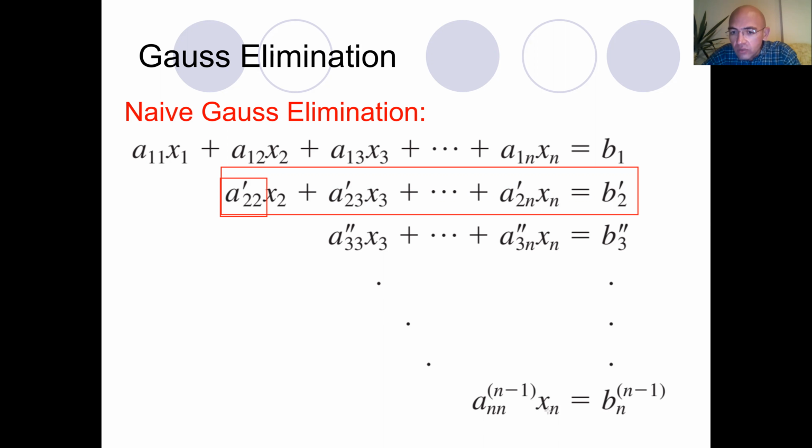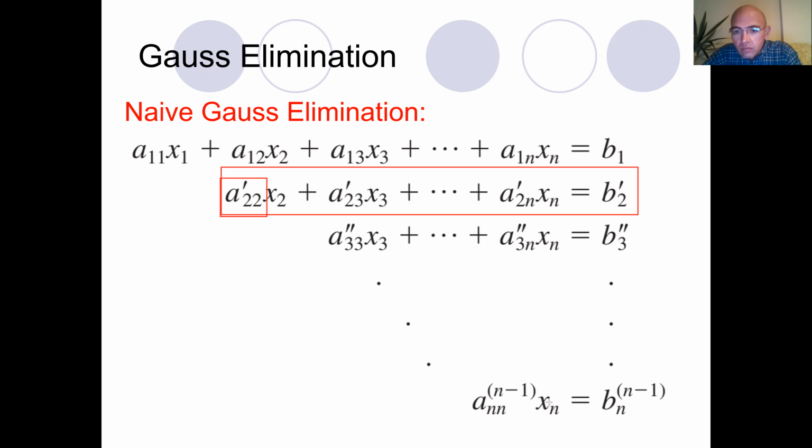Now I can easily find the value for xn. So basically it is bn^(n-1) divided by ann^(n-1). Here the superscript shows how many times it was modified, or how many operations we made on it.